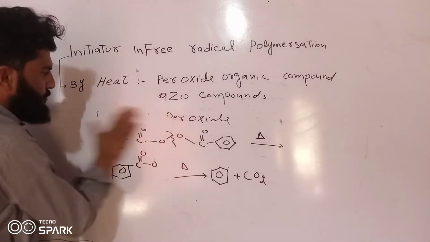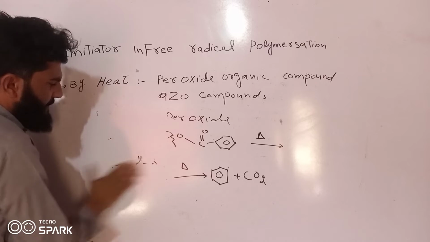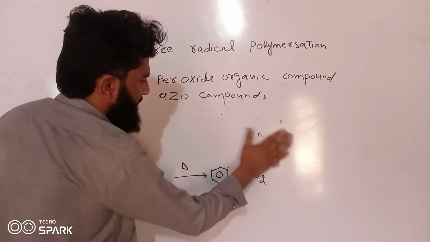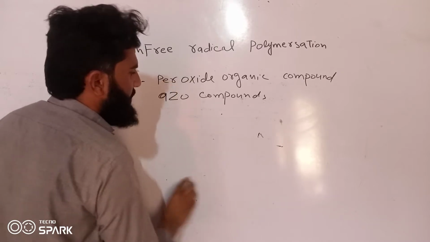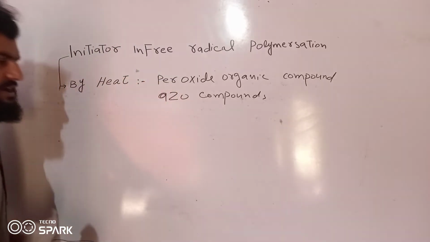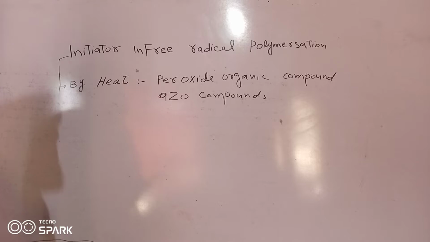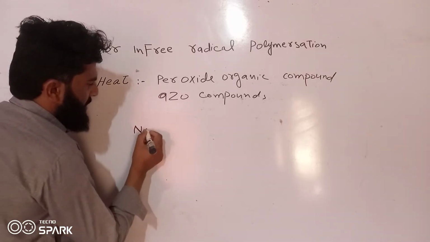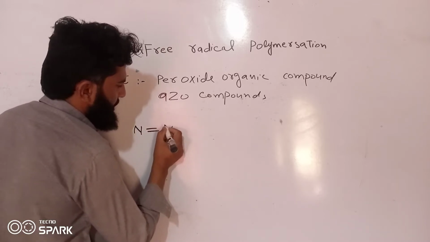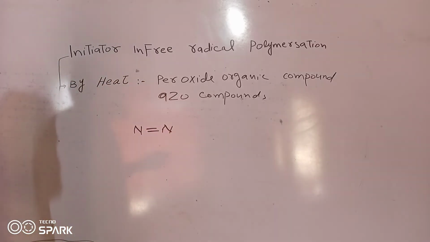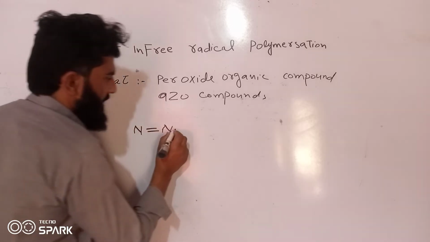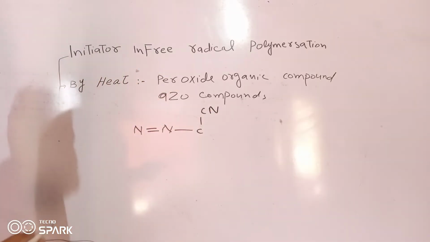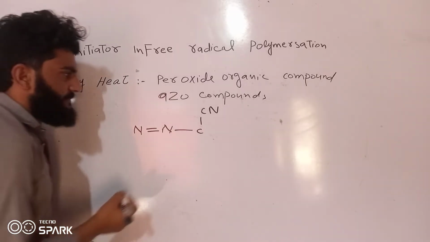Another example is the azo compound. Azo means having nitrogen as the functional group, as you can see here. For example, this is an azo compound. This is the nitrogen double bond, and this is the cyanide or nitrile group.